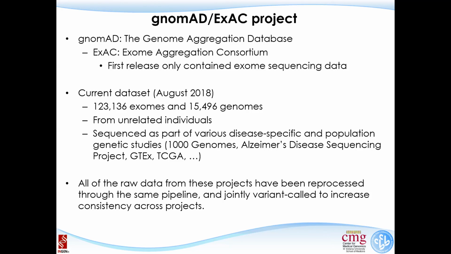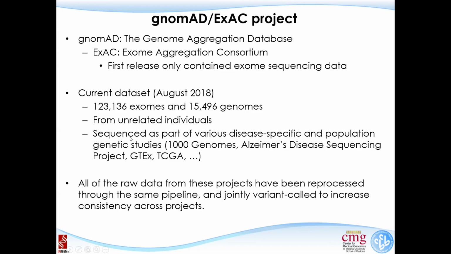So what they are trying to do is put all the sequencing data being generated and available here. The current data set, as of this month, has 123,000 exomes and also 15,000 whole genome sequencing, and these are from unrelated individuals.